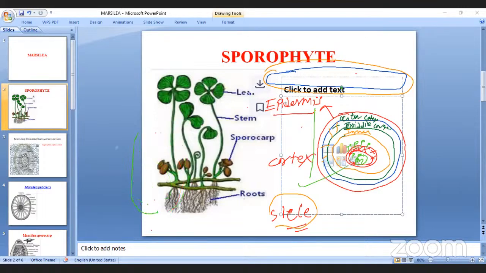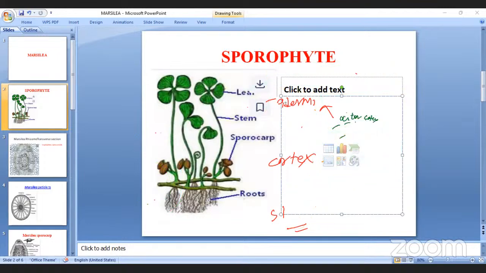Now let's move to the petiole TS. Now Marsilea petiole.